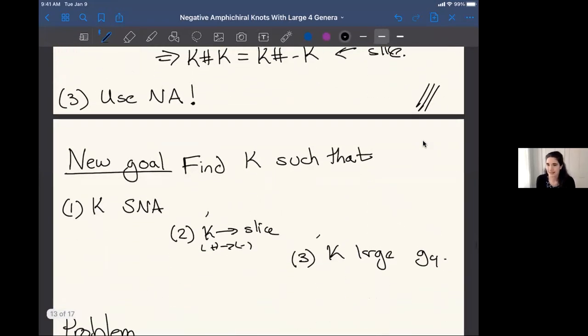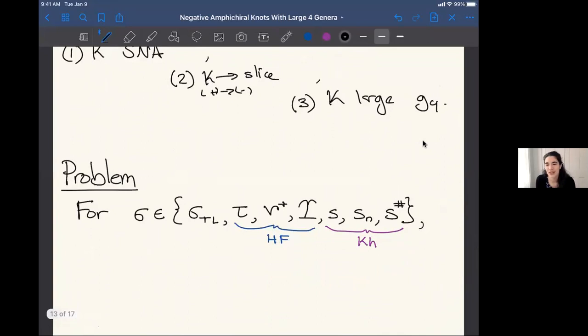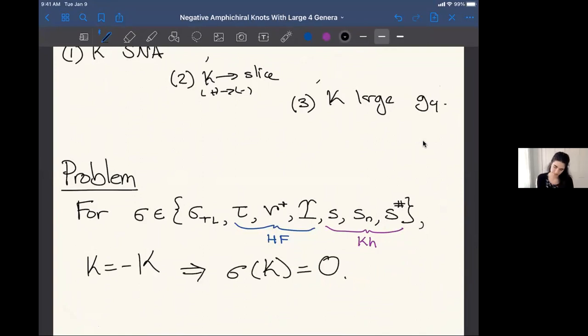And why is this at least somewhat challenging? Well, for almost all of the known lower bounds on 4-genus, and indeed almost all of the sliceness obstructions we have, if K is minus K, so just even non-strongly negative amphichiral, then these invariants have to vanish.